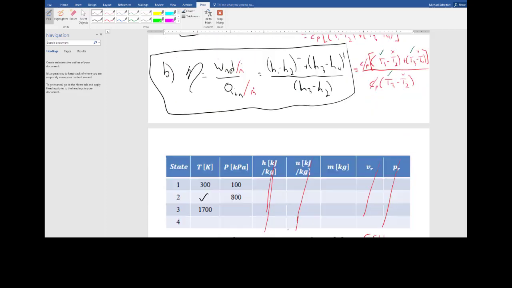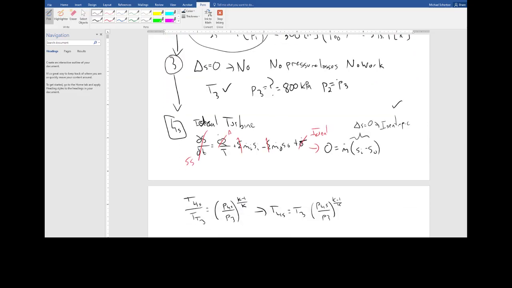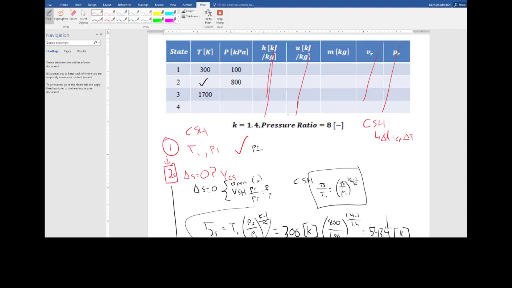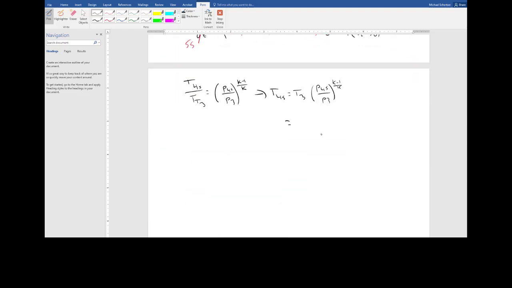Which means that on the way up, the compressor increased the pressure by a factor of 8, but the turbine decreases the pressure by a factor of 8. T3 is 1700. So this is 1 over 8 to the power of (k minus 1) over k.